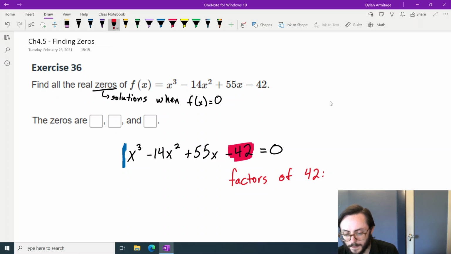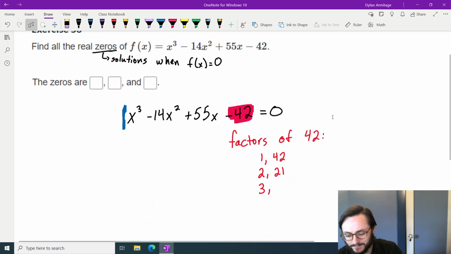All right, so let's see, 1 times 42 equals 42. Cool. 2 times 21, good. 3 times... why did I blank on that?